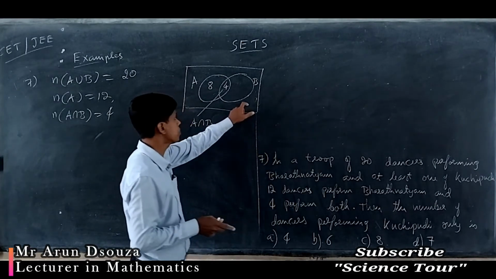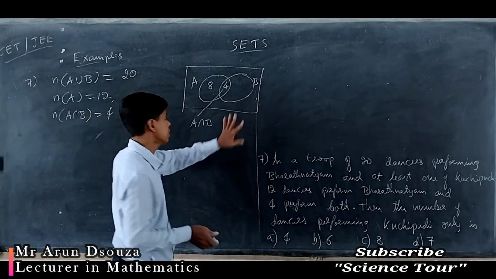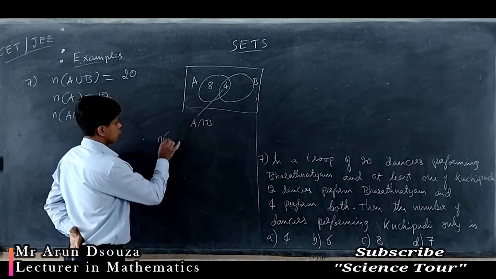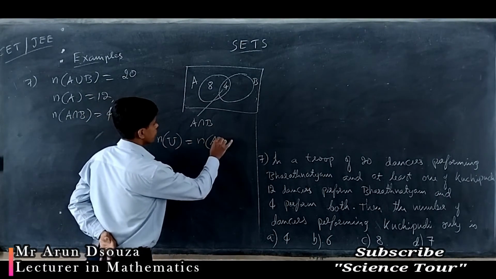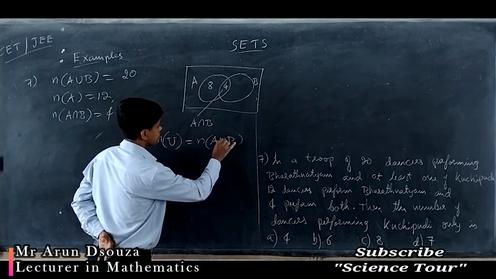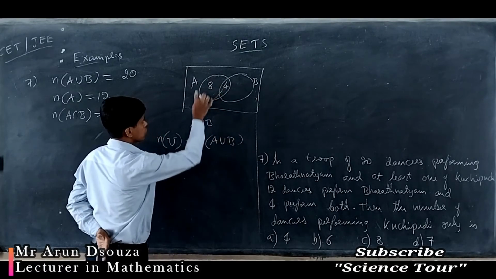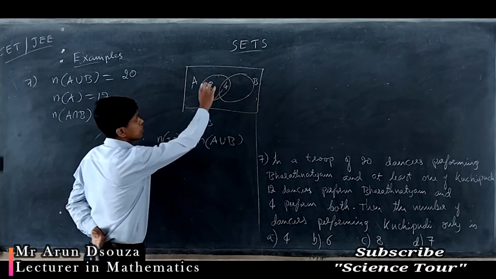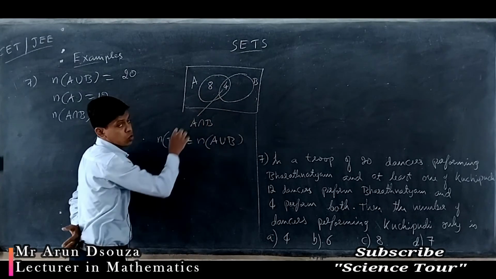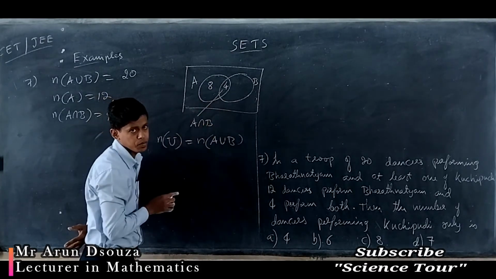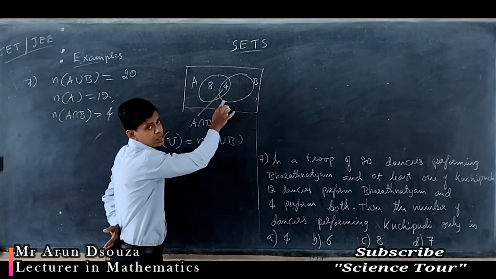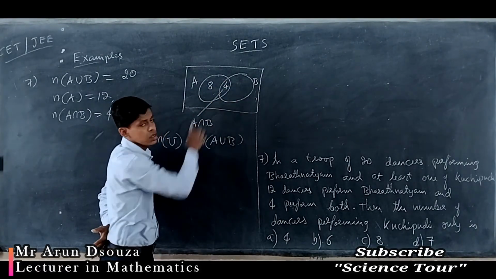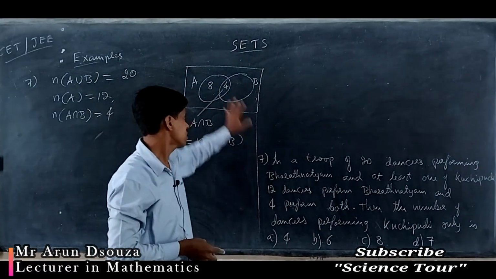That means there is no person outside; the universal set is equal to the union set. So all the dancers are here. Either he will be in the A circle or in the B circle or in the intersection. That means in A or B.